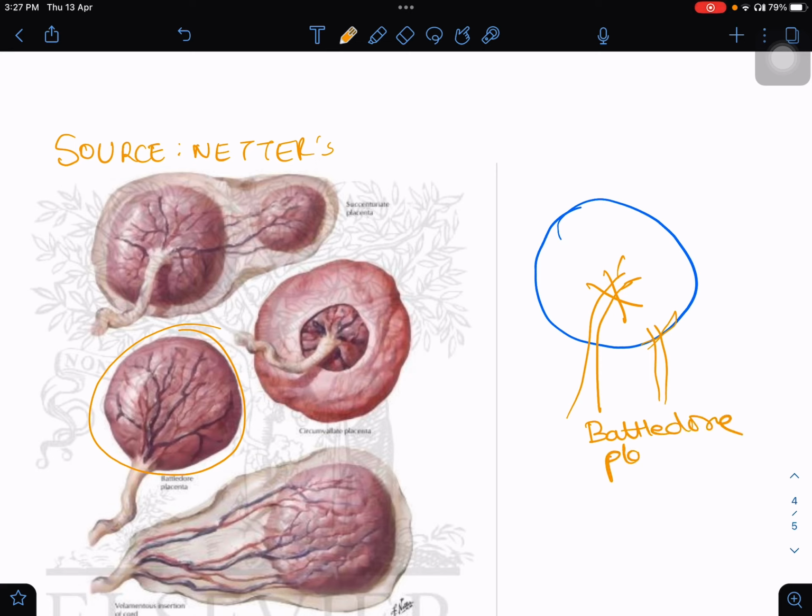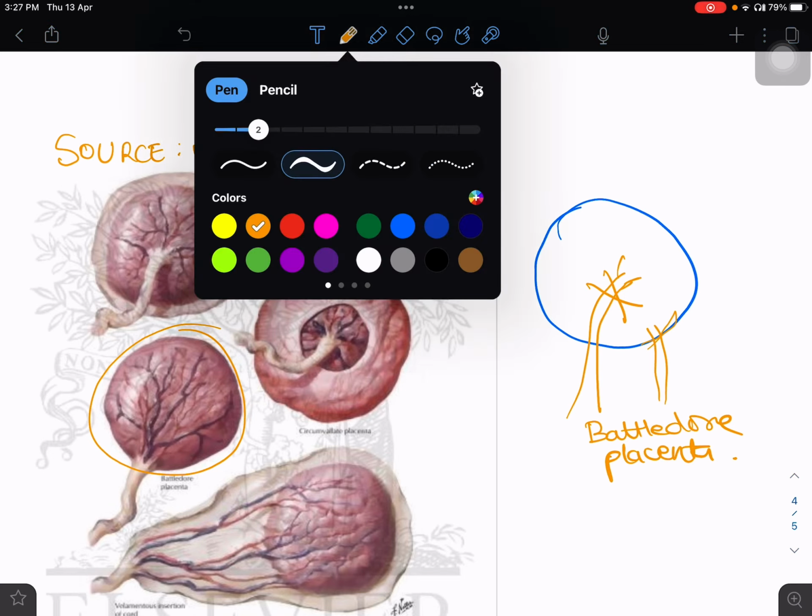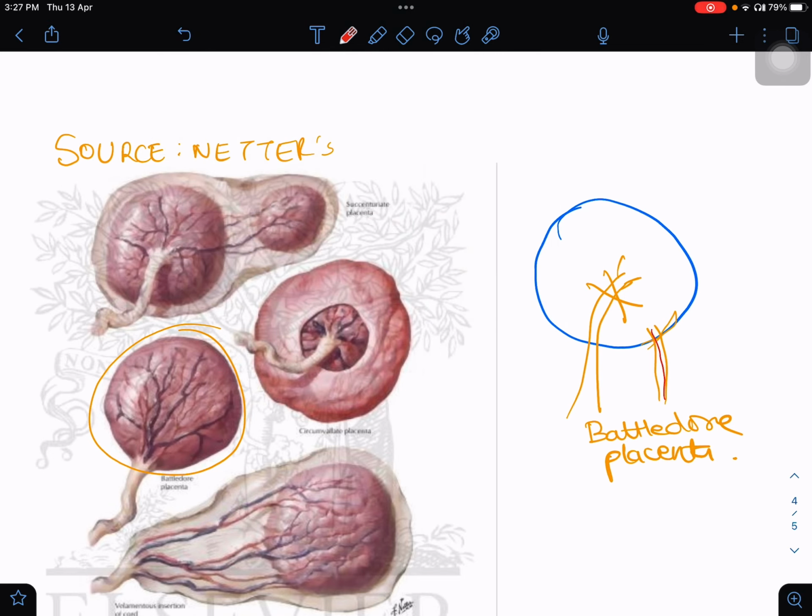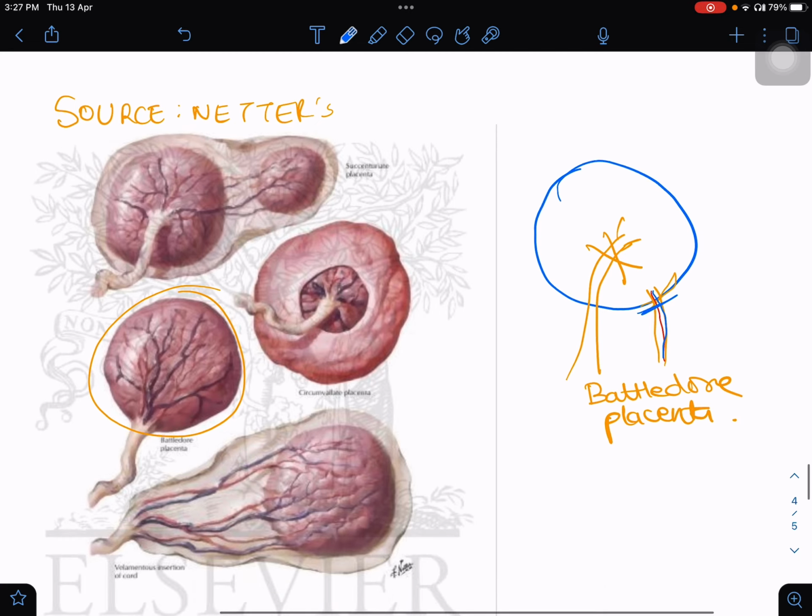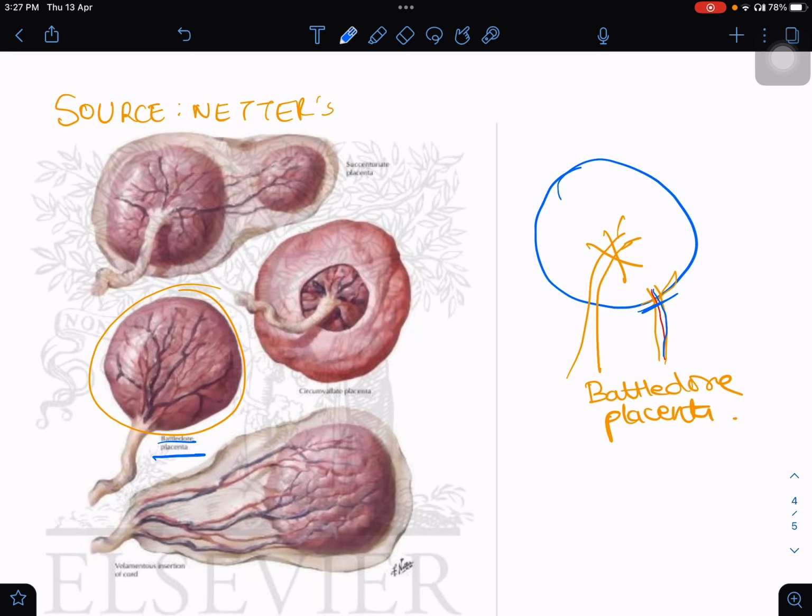The vessels, arteries and veins will also come attached over here, to the margin of the placental mass.